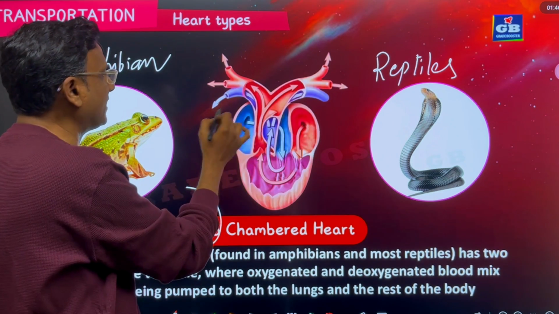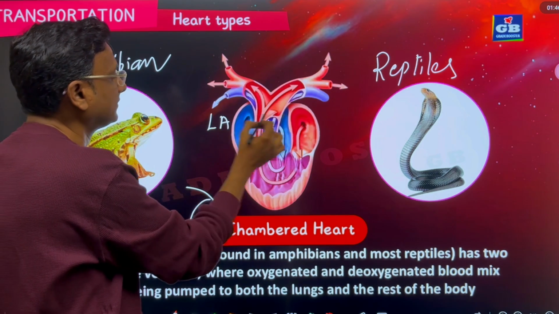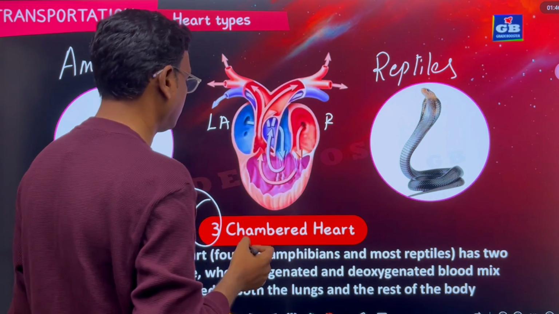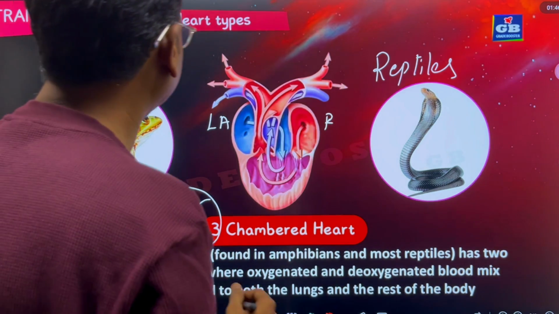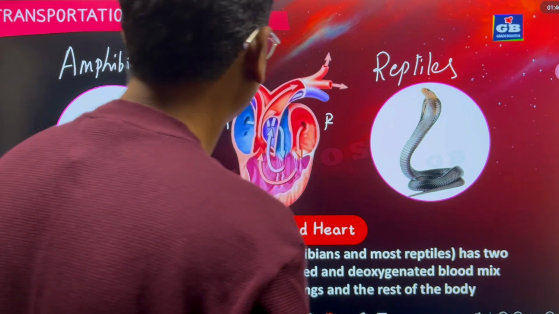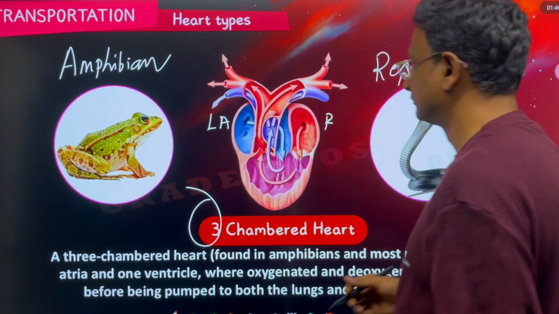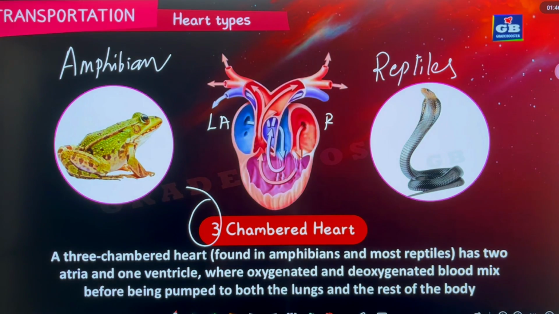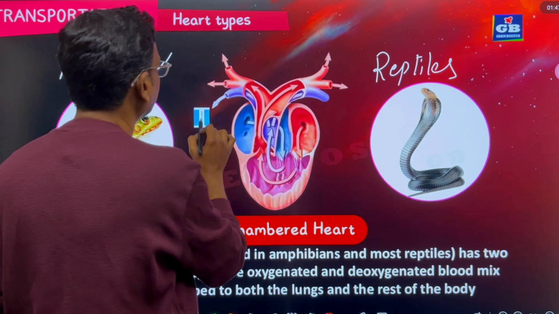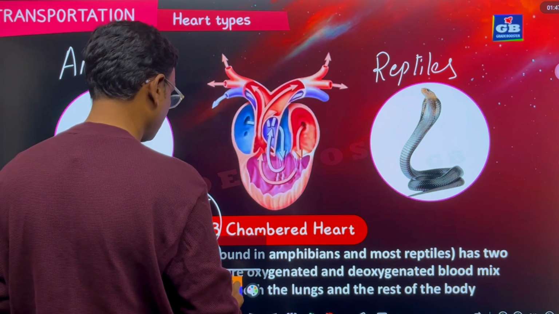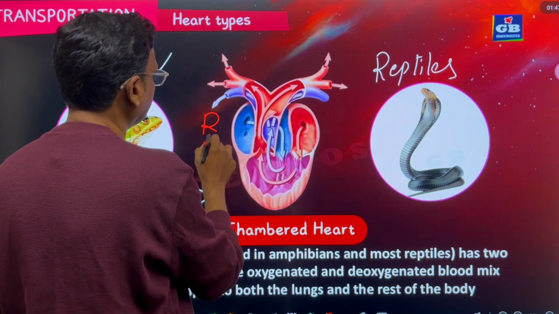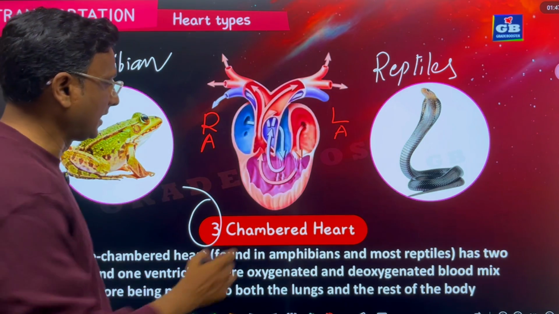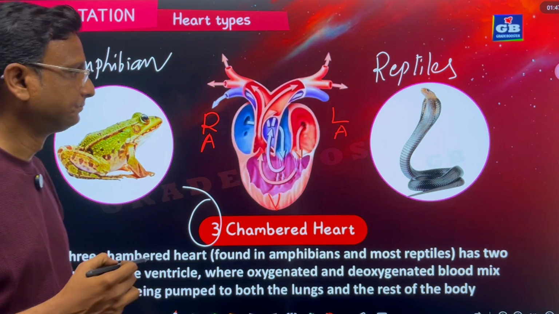So you can see the atria, this is right atria and this is left atria, and only one ventricle here.